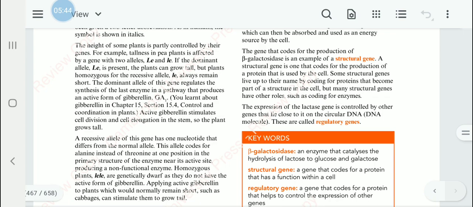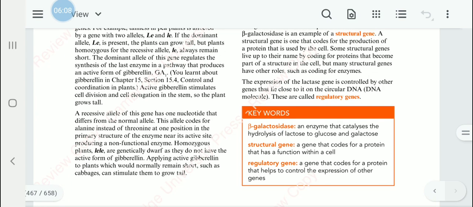Because the allele will code for alanine instead of threonine, which is required to produce gibberellin. So as a result, homozygous plants are going to be short because gibberellin does not stimulate the growth.